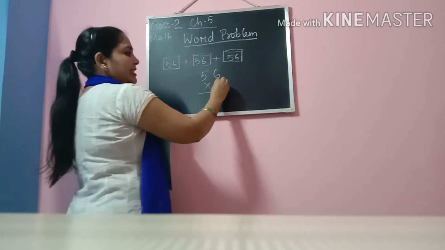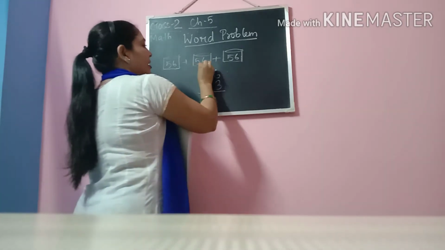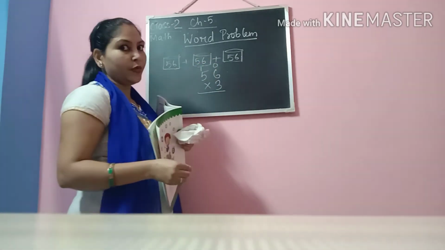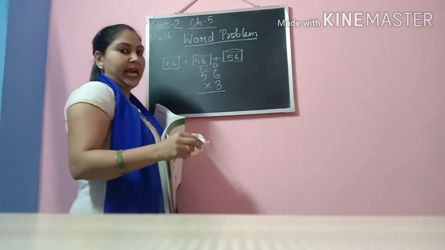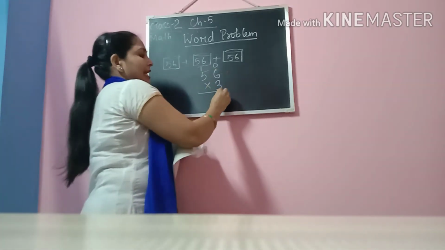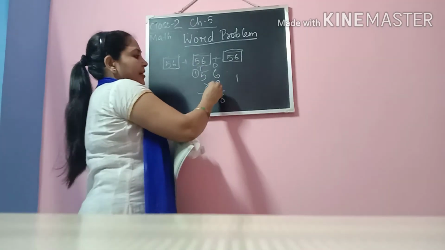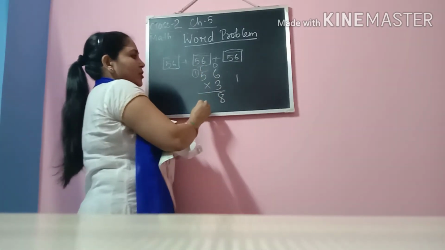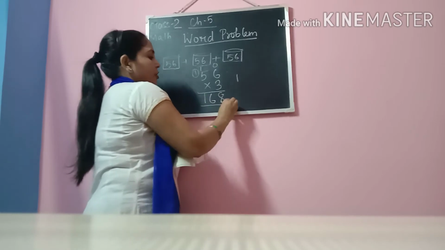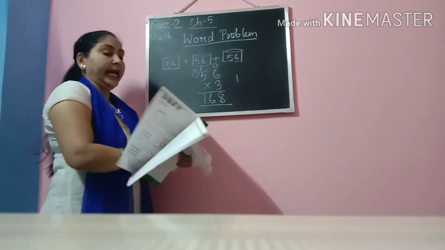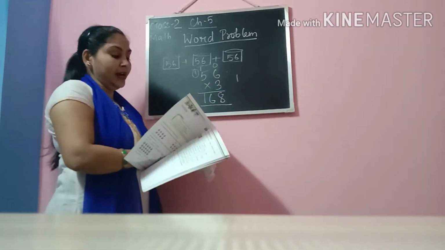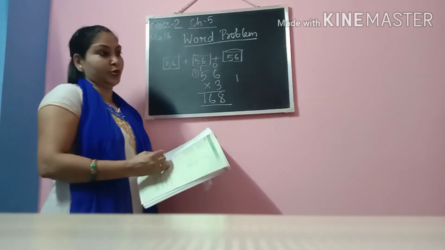So when we do 56 multiplied by 3, this is carryover multiplication, 2-digit carryover multiplication. 3 6s are 18 and 1 is carryover. 1 we will add here. 3 5s are 15. 15 plus 1 is 16. So in 3 baskets, 168 mangoes will be there.